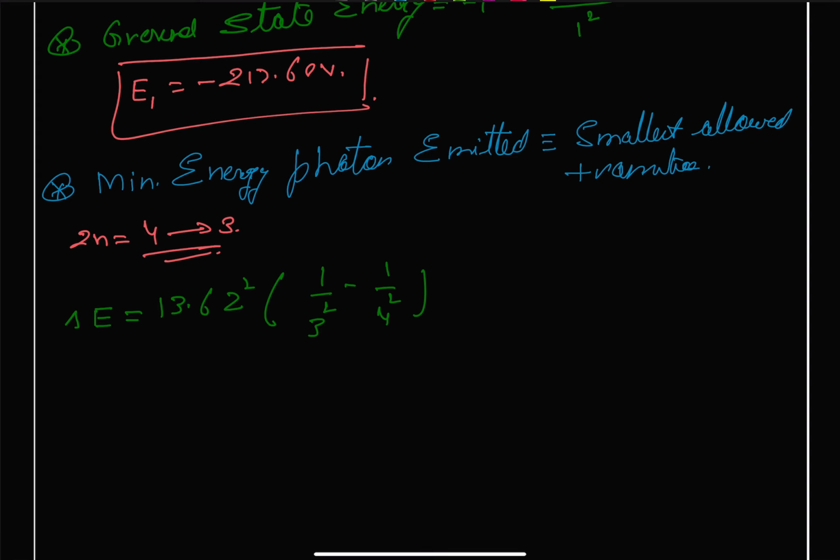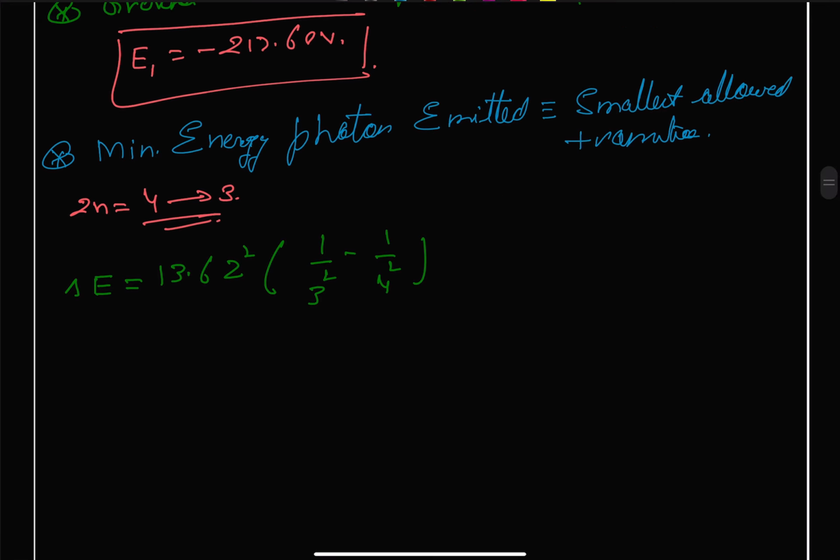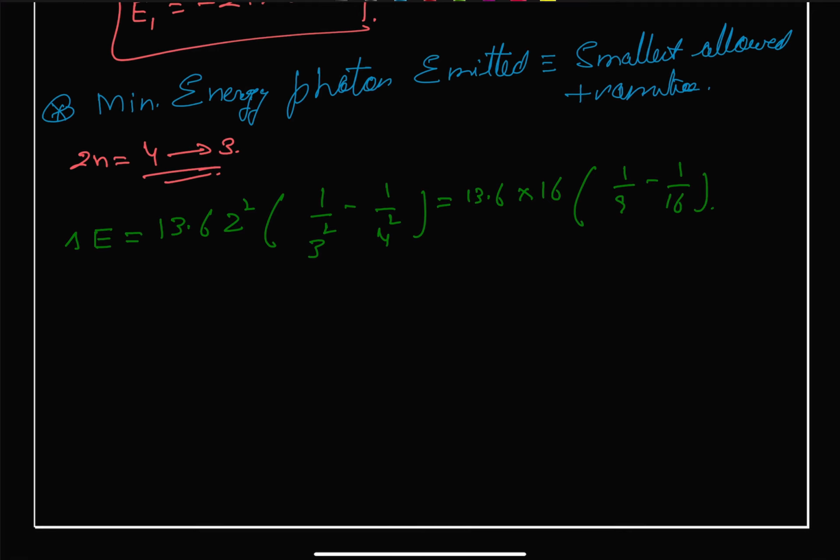Z is 4, so we get 13.6 into 16, and we have 1 upon 9 minus 1 upon 16. So this energy delta E will be approximately equal to 10.57 electron volt.